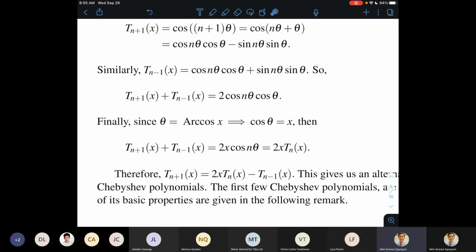So basically, this is an example of a recursive formula, which means we use previous values of t sub n in order to compute a new value for t sub n, or a new value of the next polynomial in the list. So here, to get t sub n plus 1, we are using t sub n and t sub n minus 1, two previously calculated t sub n's. Okay, so okay na to kasi alam natin si T1 at saka si T0.